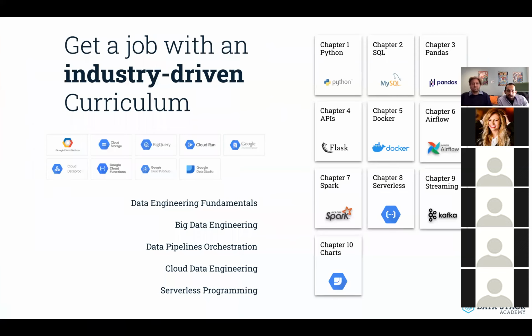I've been in this industry for like 20 years, and I can say with absolute certainty and sincerity that this is the most comprehensive program that we've put together. I'm not going to lie to you, it's a little intense. There's a lot you would learn here, but if you learn this, I will 100% guarantee that you will have a job in data engineering.